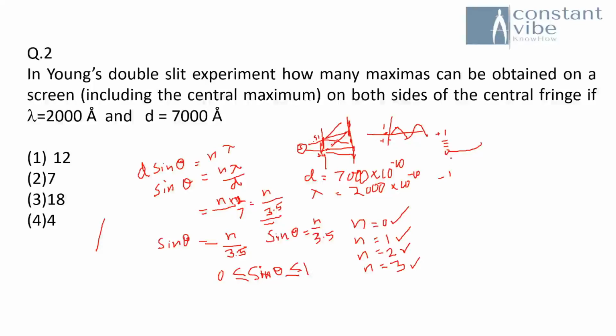Here also the values 1, 2, 3 will come in between minus 1 and 0. So total here 3, here 3, and the central value. 3 plus 3 plus 1, total 7. So the answer is 2.